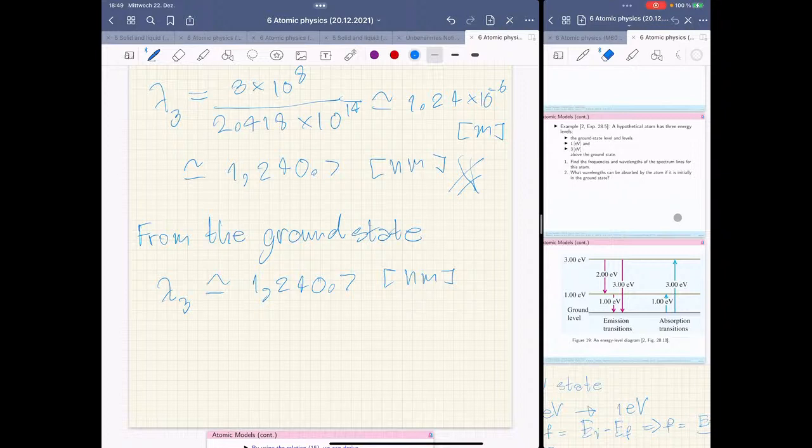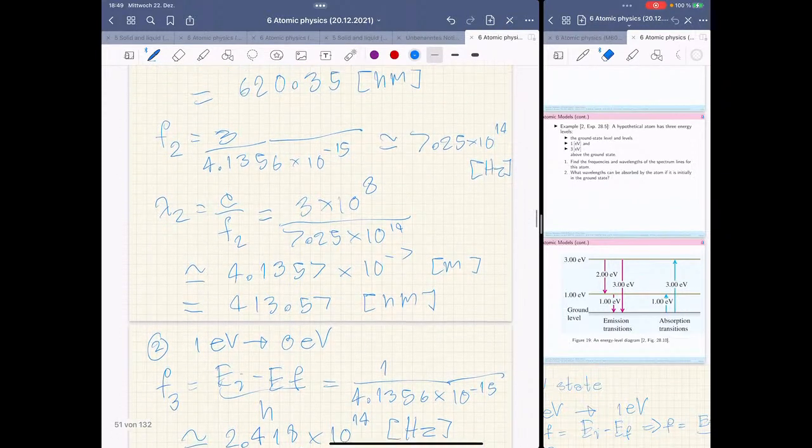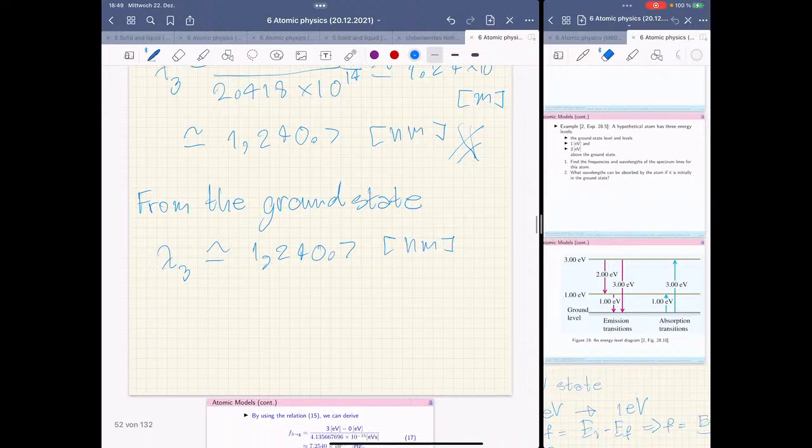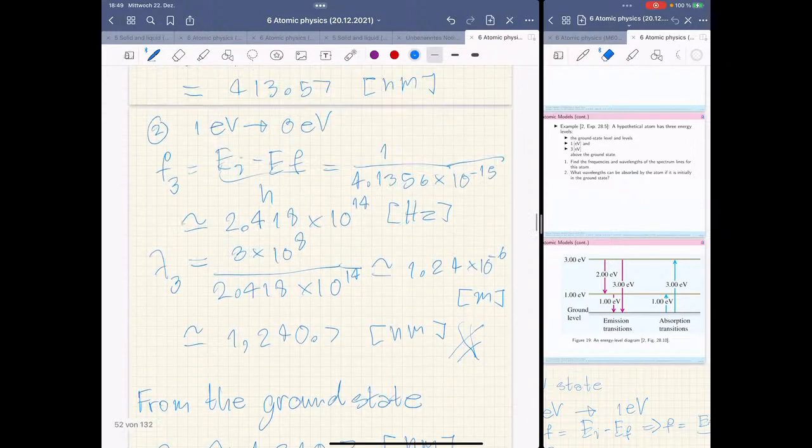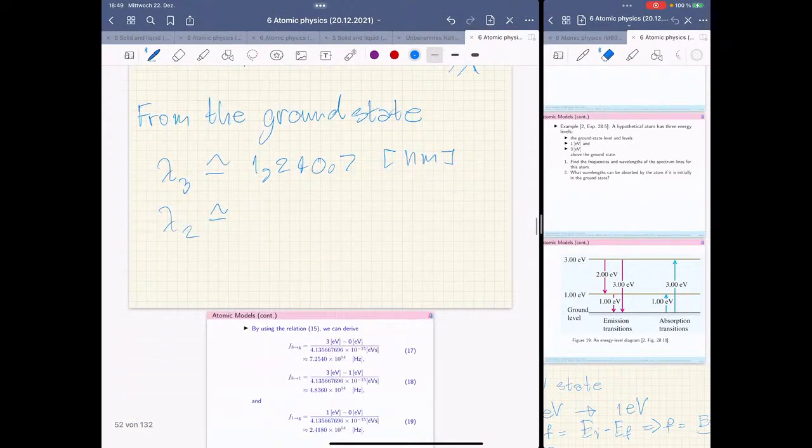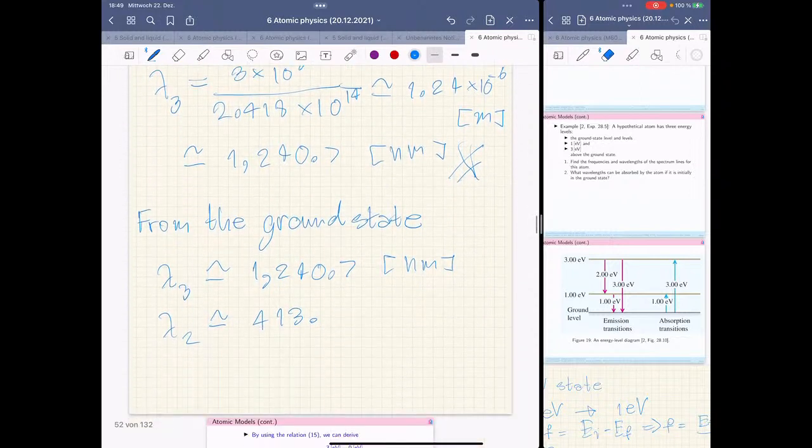It's going to be lambda 2, which is what we have already calculated, 413.57 nanometers. All right, and that's the second wavelength of the photon that could be absorbed by this atom.